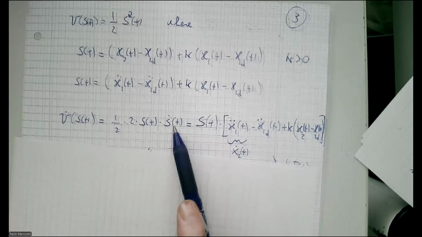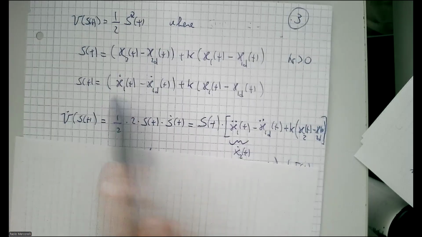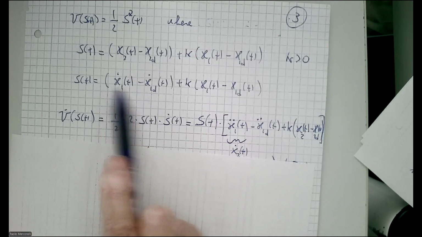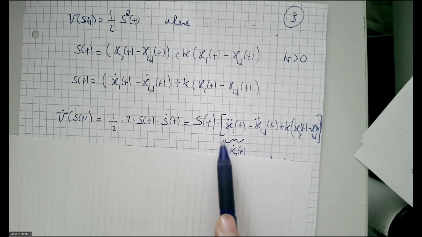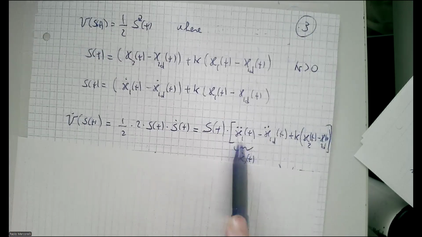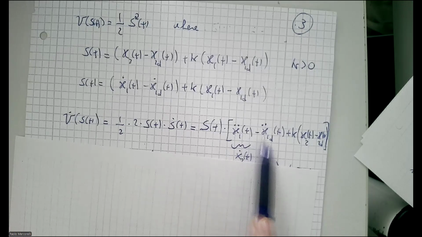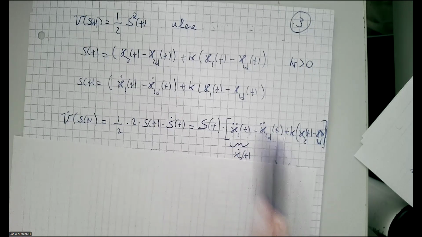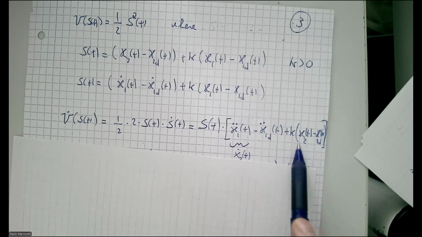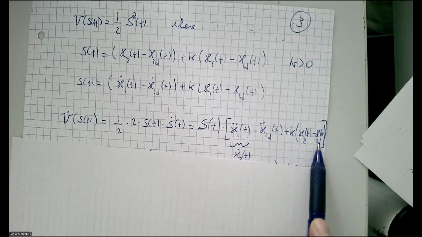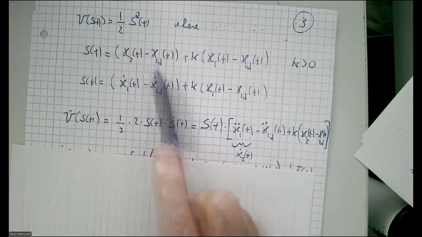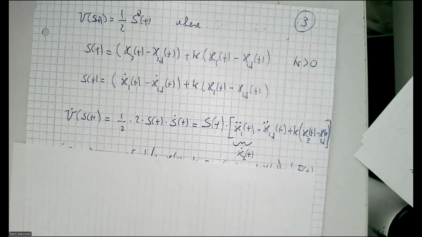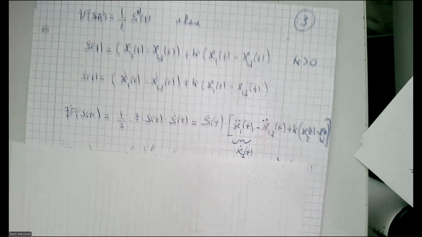Now, if I take the s derivative, I have to differentiate this, and we have x1 dot dot plus x1d dot dot plus k multiplied by the derivative of this one, which is x2 minus x2 desired. x1d and x2d are the desired state 1 and the desired state 2. Our goal.